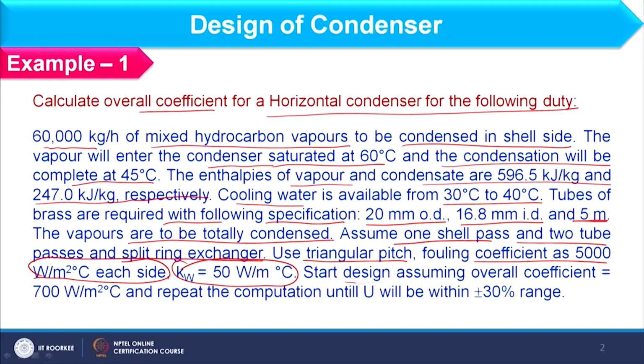We have to start the design assuming overall coefficient as 700 watt per meter square degree Celsius, and repeat the calculation until I am getting the U value within plus minus 30% range, right. So, in this way we have to design a condenser which is horizontally placed. Condensation is occurring in shell side with mixed hydrocarbon vapor.